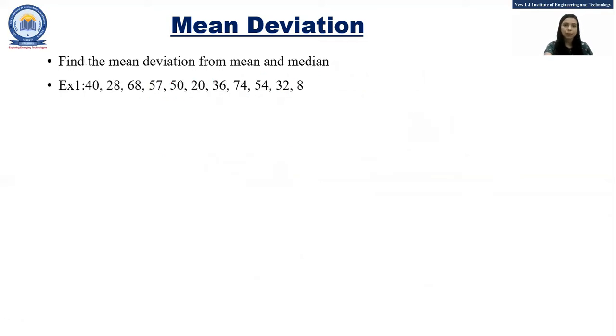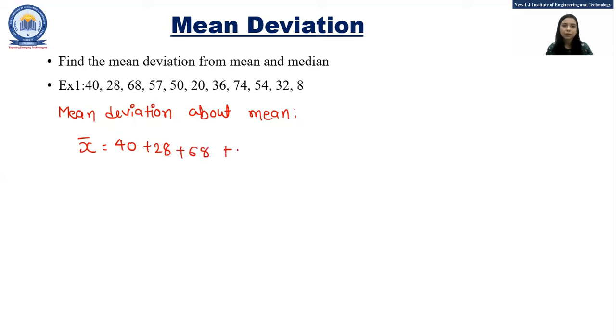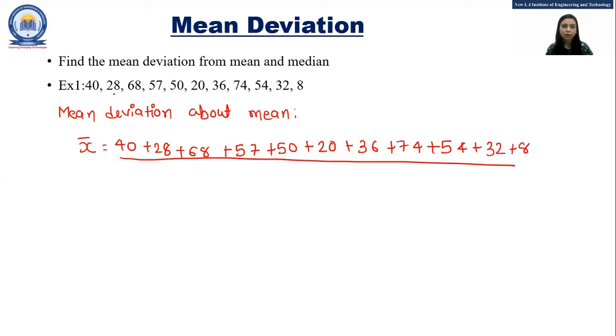Now let's see some examples. The first example is to find the mean deviation from mean and median. To find the mean deviation about mean, first we have to find the value of x bar. That is 40 plus 28 plus 68 plus 57 plus 50 plus 20 plus 36 plus 74 plus 54 plus 32 plus 8 all over the number of observations, which is 11.